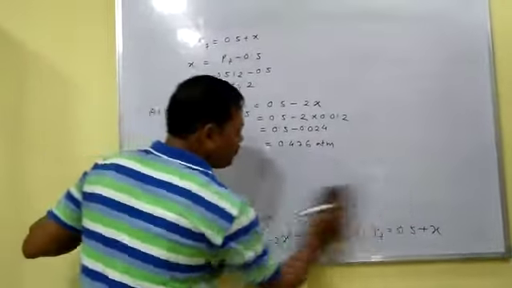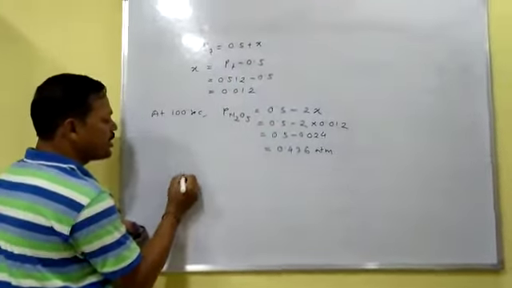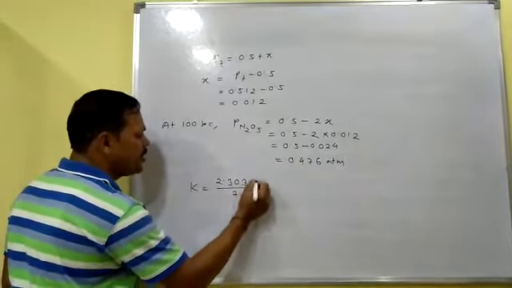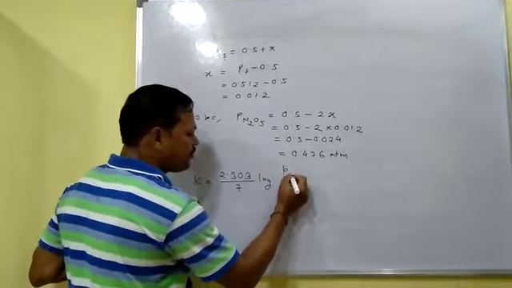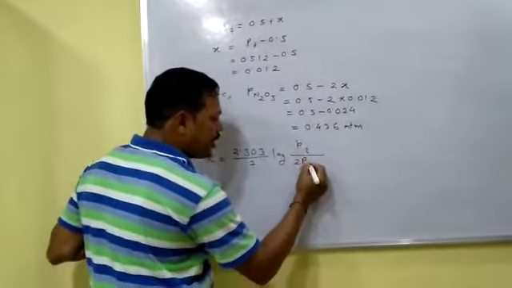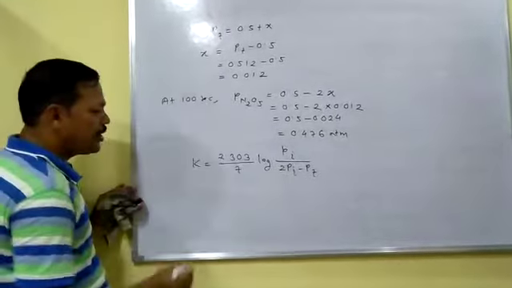Now you can use the rate constant equation. K is equal to 2.303 divided by T, log of initial pressure Pi divided by 2Pi minus Pt. You apply the equation.